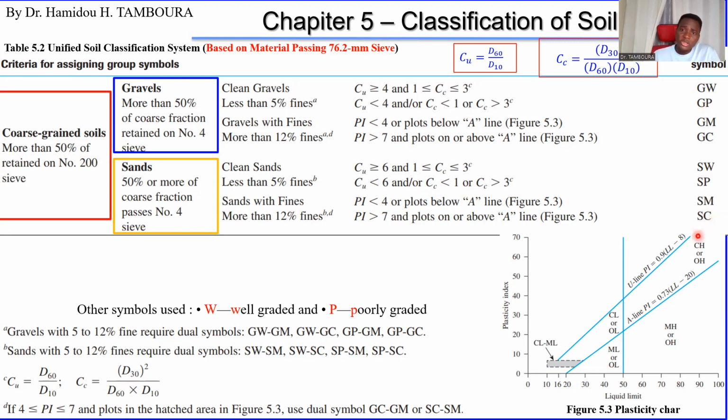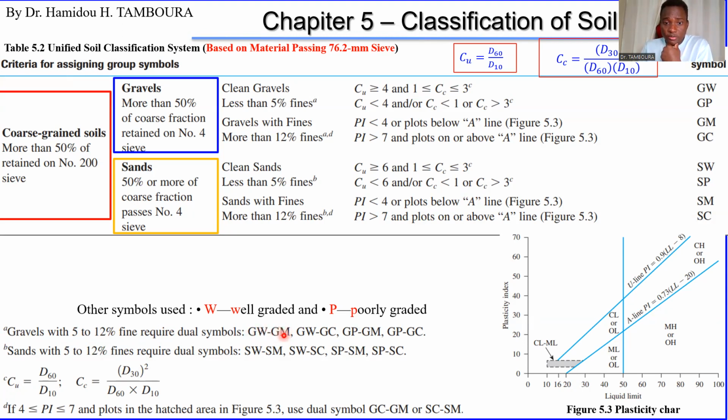The problem now is when you have the percentage of fine, means the percentage of soil passing the sieve number 200, between 5 and 12%. Here, 5 and 12%. In that case, you have to use double symbols this way.